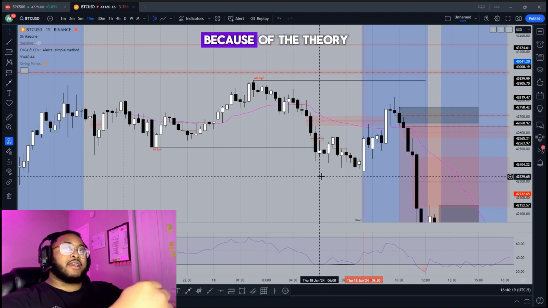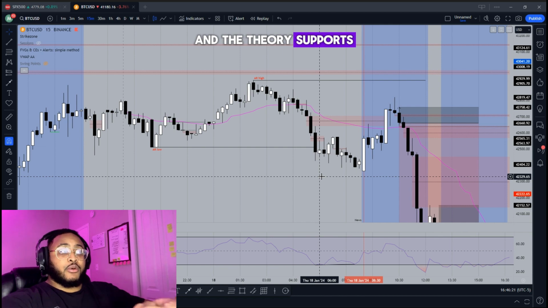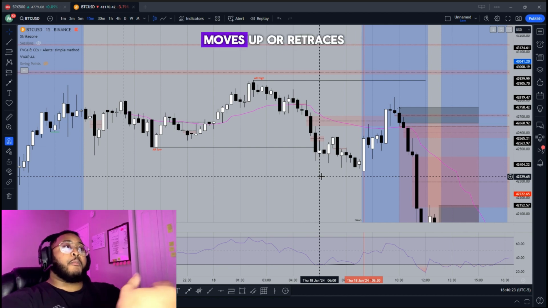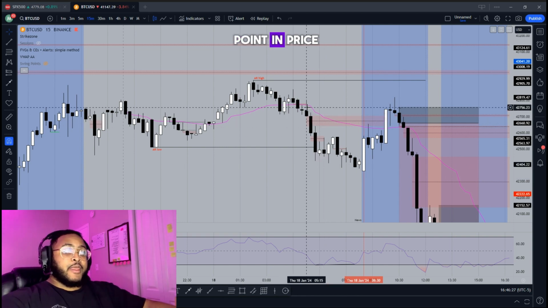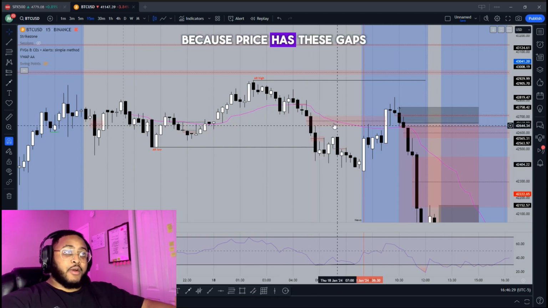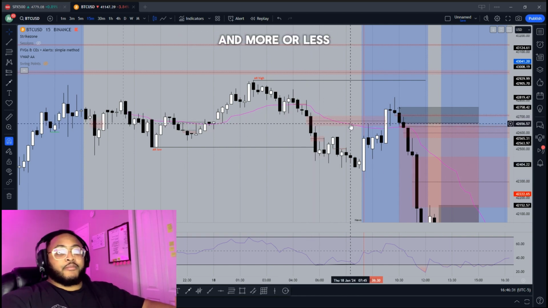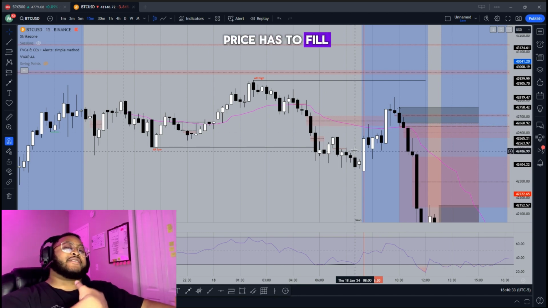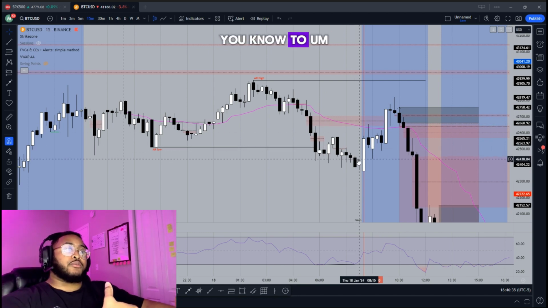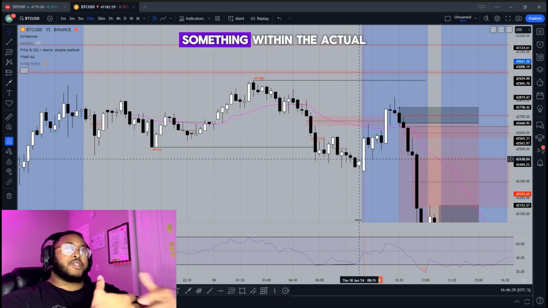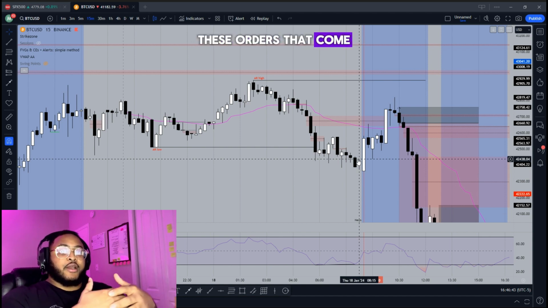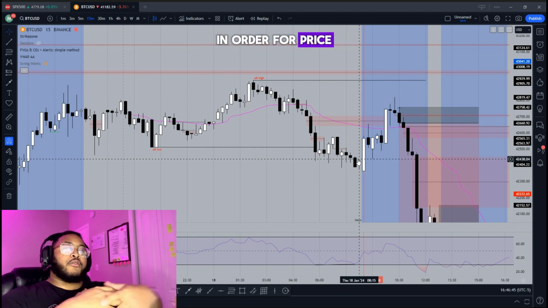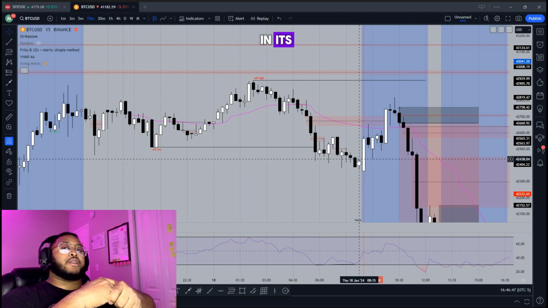I only like it because of the theory, and the theory supports why price action moves up or retraces back to a specific point in price, because price has these gaps, and more or less price has to fill these gaps, or fulfill something within the actual order book, or these orders that come in and out of the market, in order for price action to resume back in its direction.